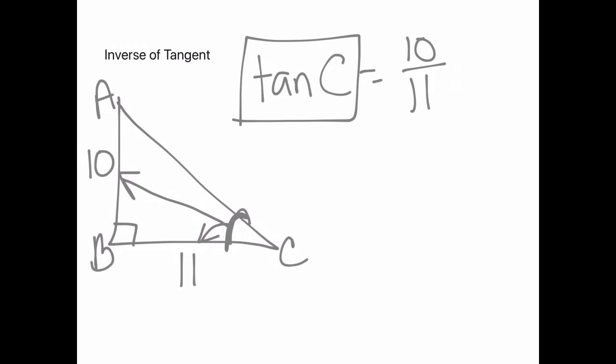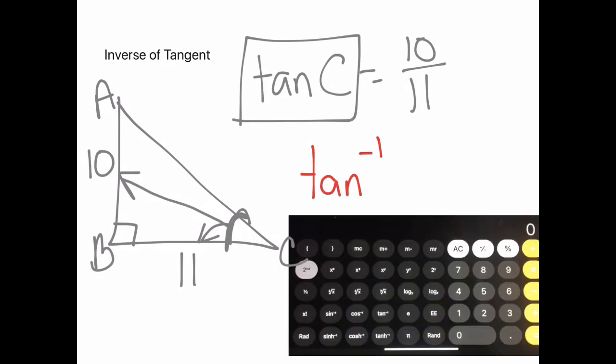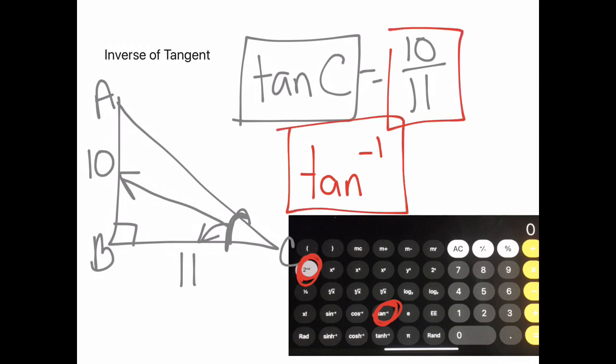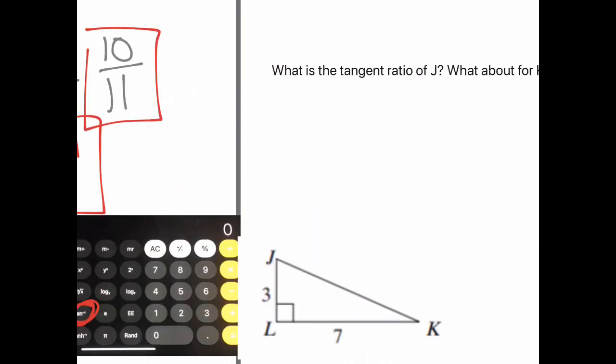So we're going to use a function on our calculator that's the inverse of a tangent. And on a calculator, it usually looks like this. And to find that one, you would normally have to hit the second function, and then you can find it right here, the tan -1, or the inverse of the tangent. So you would use your calculator to divide 10 by 11, and then you'd hit your tan -1, and it would give you a value which is the angle for C.